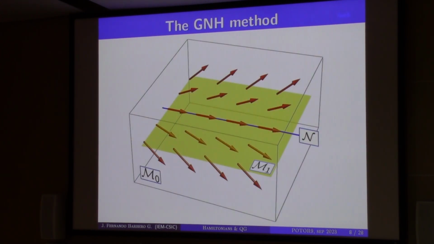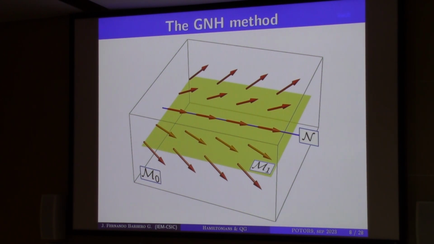So what you have to do is try to solve that equation for the Hamiltonian vector field on the whole M0. Generically, that is not possible. Generically, the only thing that you can get is a vector field over an inclusion map defined by some submanifold that I am calling M1. So pictorially something like this. I can only solve that equation not on the whole M0, but just in some submanifold.